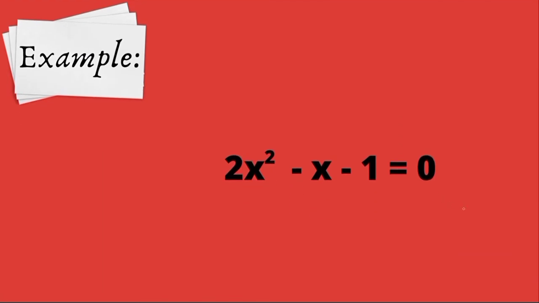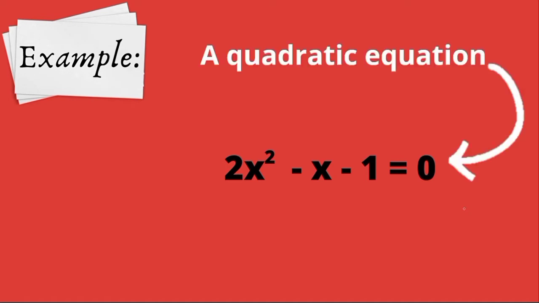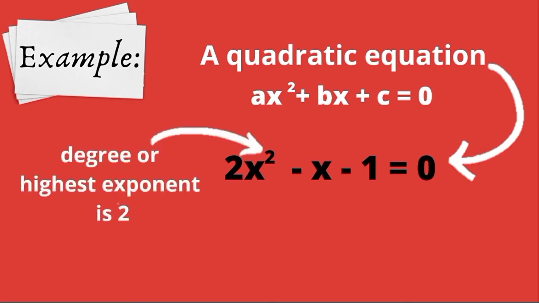let's have 2x squared minus x minus 1 equals 0. Is this a quadratic equation? Yes, this is a quadratic equation because it is in the standard form of ax squared plus bx plus c equals 0. And the highest exponent is 2 here, as you can notice.